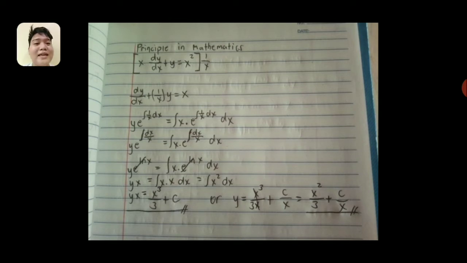So y times e raised to ln x equals the integral of x times e raised to ln x dx. The e and ln cancel, so what remains is x. So yx equals the integral of x times x dx.